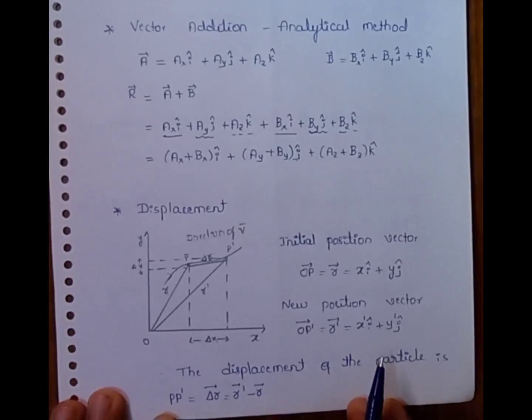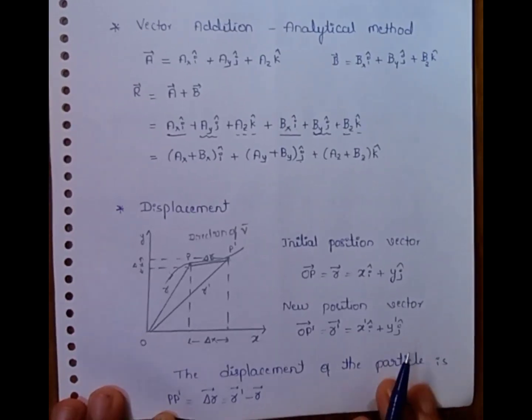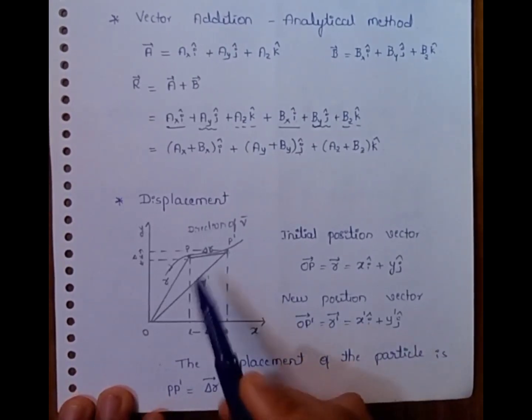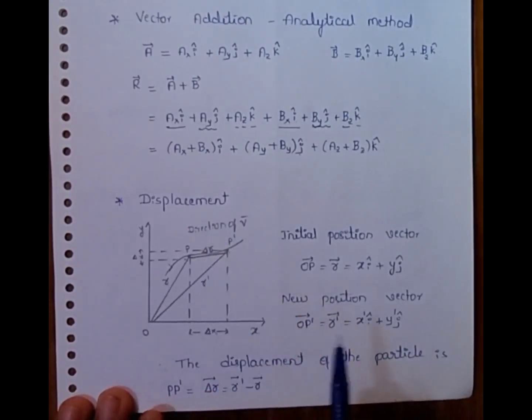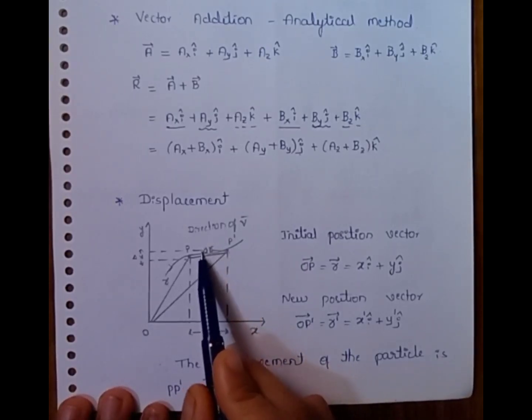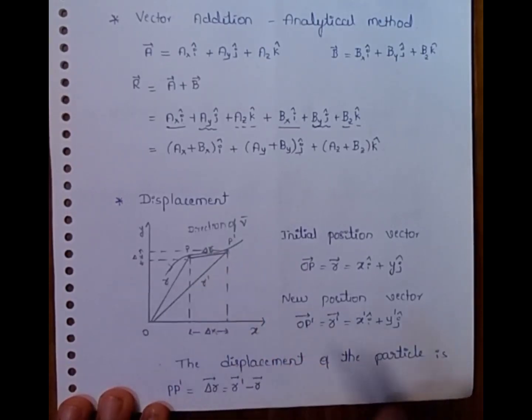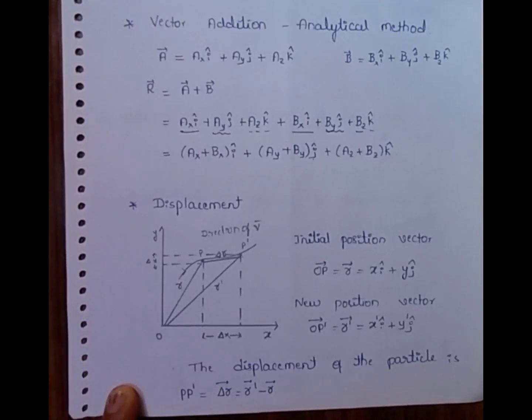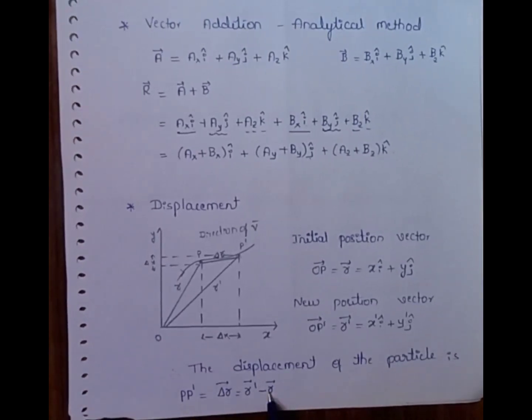Therefore, the displacement of the particle can be written as PP dash. PP dash is the displacement of the particle, which is equal to delta r, the change in the position vector, which is equal to r dash minus r.